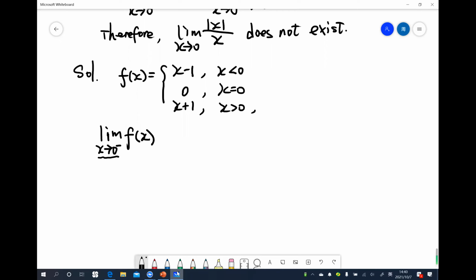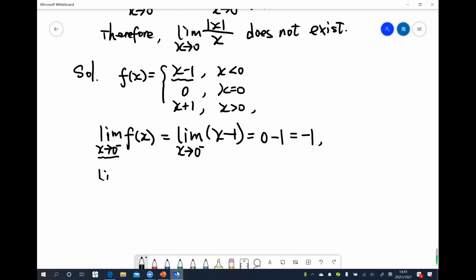If x is smaller than 0, we know the function equals x minus 1, right? So you write x minus 1 here, and don't forget to rewrite this condition. That equals 0 minus 1 equals minus 1.